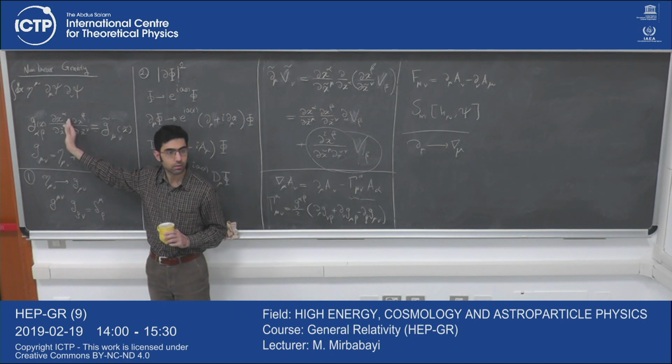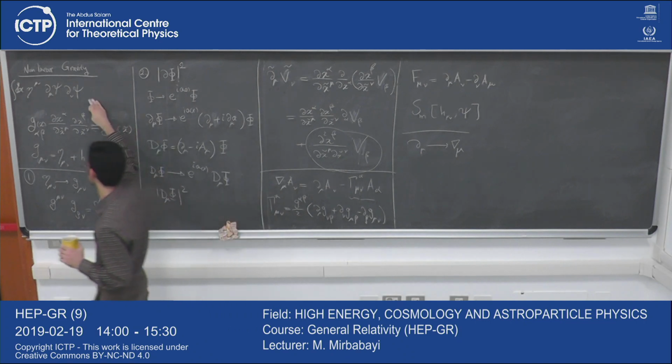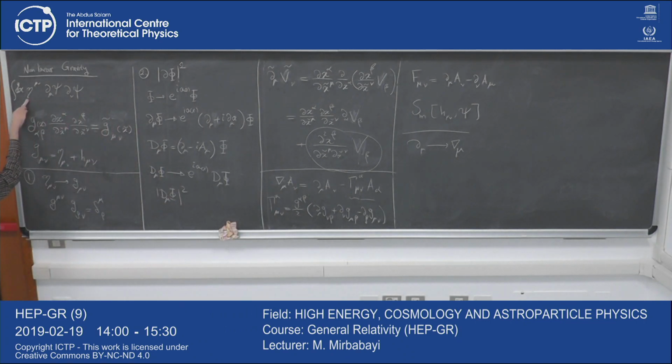We just said that we have to replace eta mu nu with g mu nu, and then we are done, except for the third step that I haven't talked about. So there will not be any special transformation that we will do for the scalar matter field.